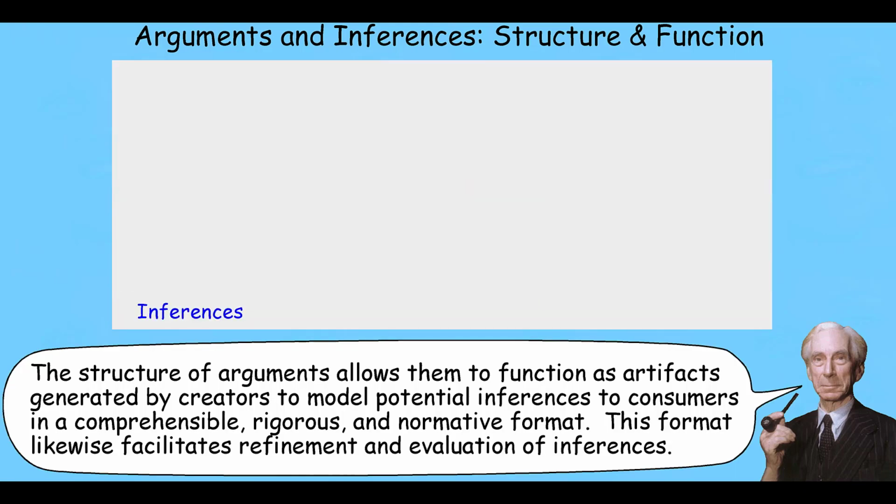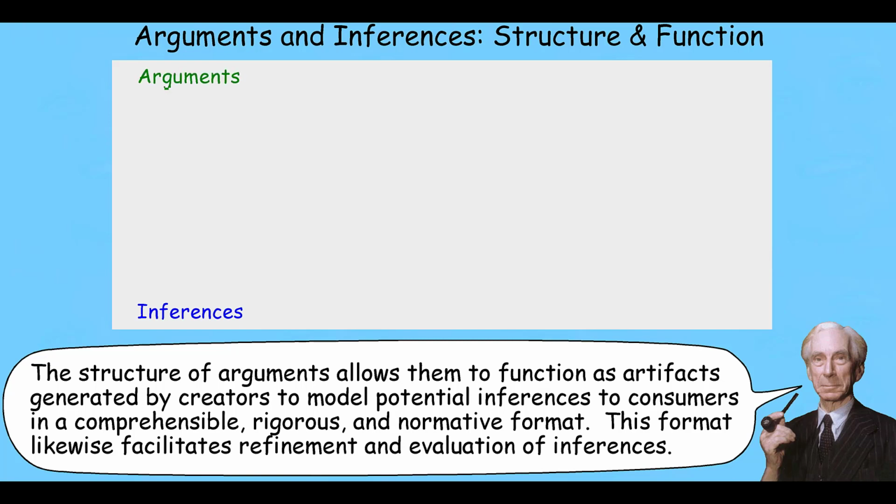The structure of arguments is what allows them to function as artifacts generated by their creators to model potential inferences to potential consumers of those arguments in a comprehensible, rigorous, and normative format. And this format will likewise facilitate the refinement and evaluation of inferences as so modeled.